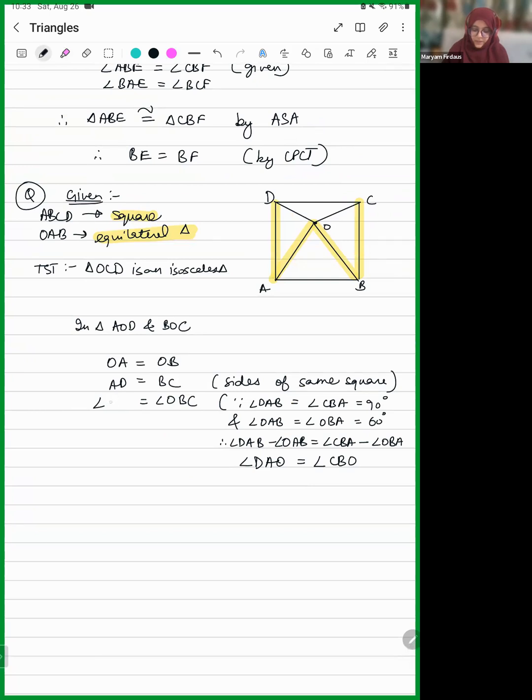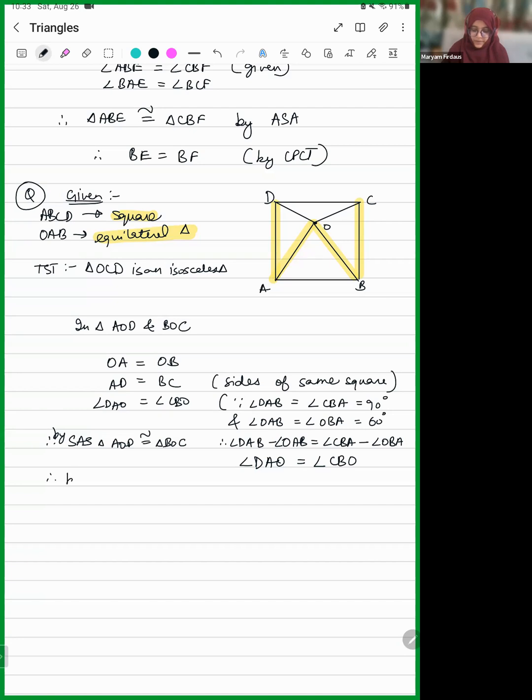You can write it the other way around as well. It's the same thing. So therefore, by which rule? By SAS, they are congruent. And so by CPCT, OC equals OD. Very good.